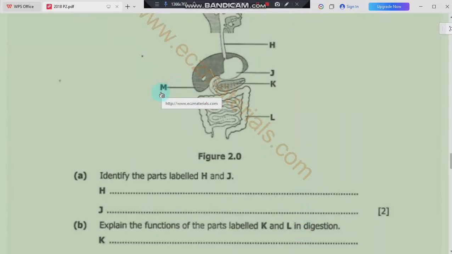Number one, the liver helps in the detoxification of alcohols. To detoxify something is to make a thing which is poisonous become less poisonous. All that important function is done by the liver. Apart from detoxification, we also have deamination of amino acids.